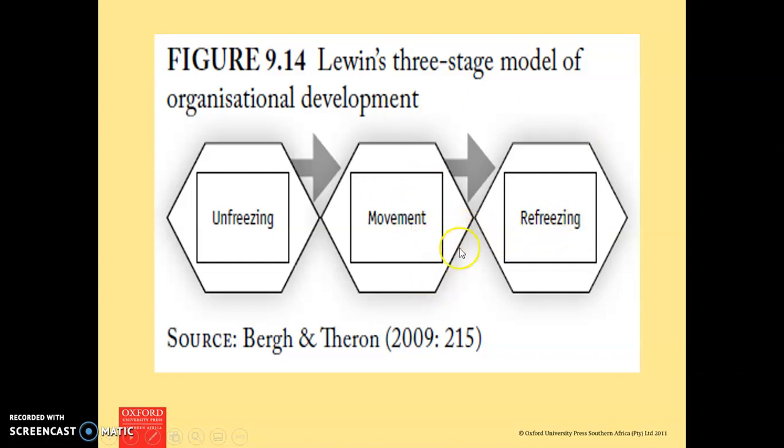In order to ensure the change becomes habitual or permanent, this change needs to be refrozen. If you use the ice cube example, the ice cube that became liquid needs to be put in the freezer so that it can be refrozen. So that's the three-stage model of organizational development. Okay, that's it for chapter 9.